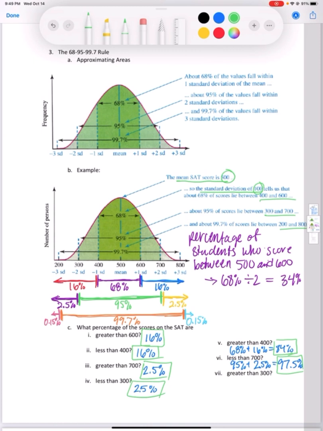What percent of the students scored greater than 300? Again, we're looking at this 300 and forward to the end. And that's this part right here, 95 and 2.5%, so the green part and the yellow part. So we'll add those together. And it's the same as the part Roman numeral 6 because it's symmetrical again.